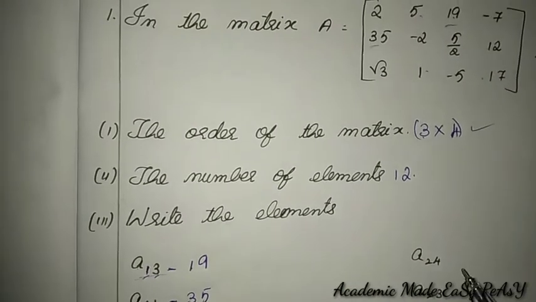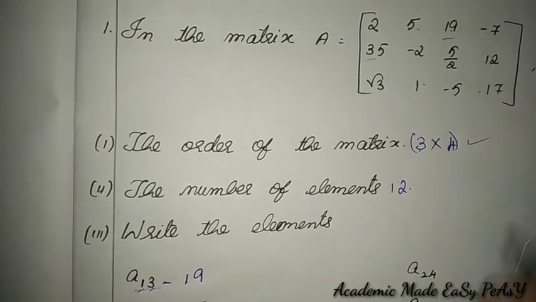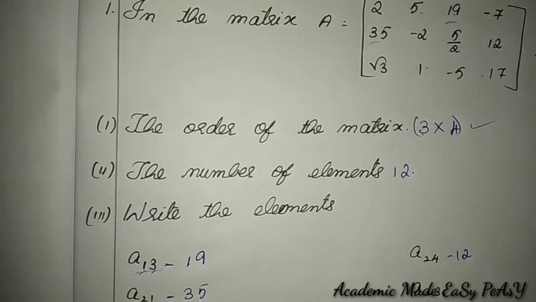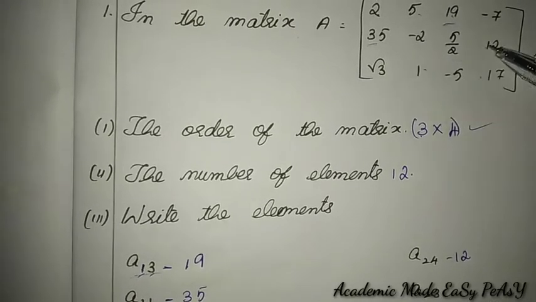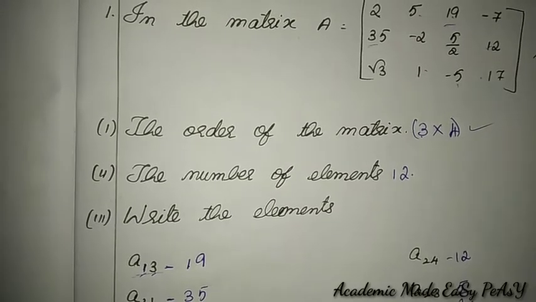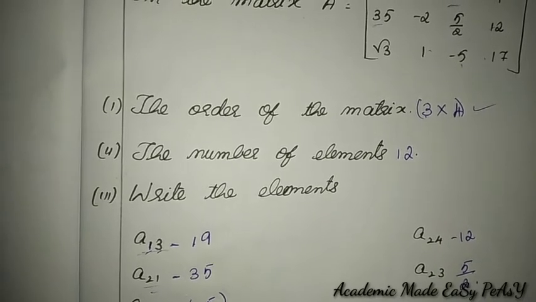Next it is A24. So second row, fourth column. So 12. A23 means second row, third column. So second row, third column is 5 by 2. This is the answer. So with this, question 1 gets over.